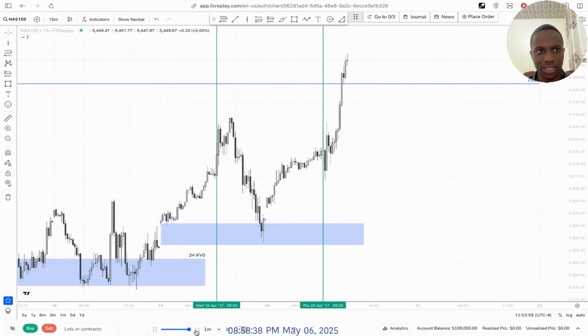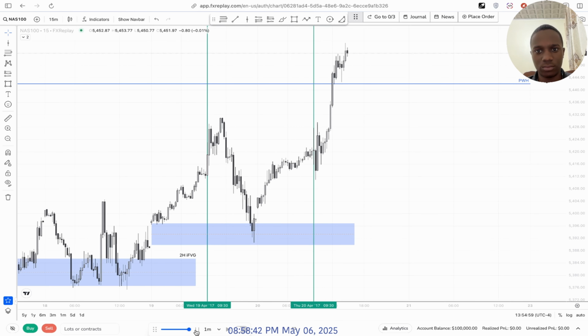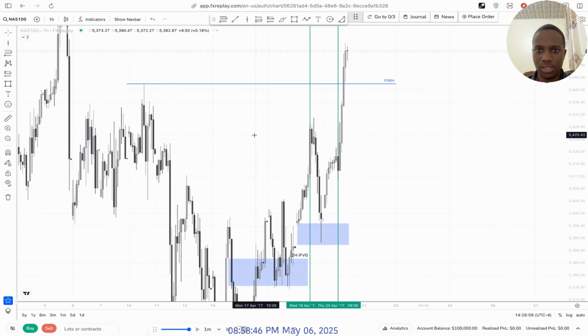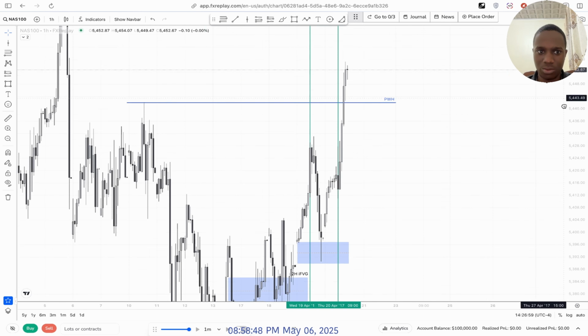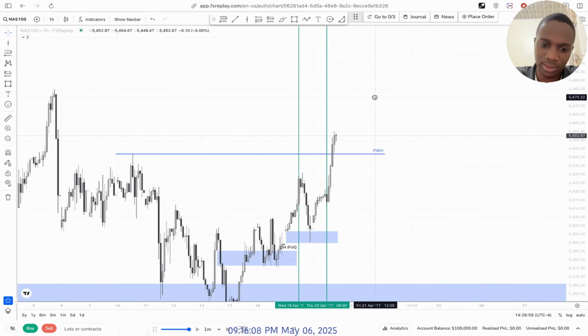Let's keep tape reading now. So our first liquidity point was hit, and maybe we'd expect to see some other liquidity points. So the weekly target has been hit. Let's see if we can get an entry in here.